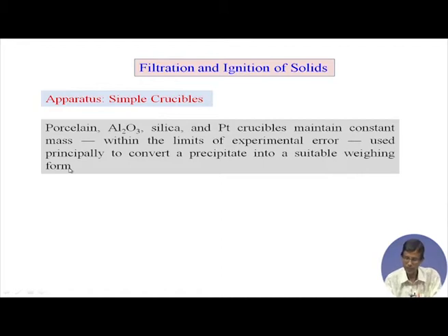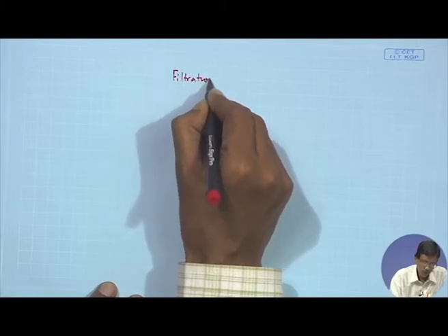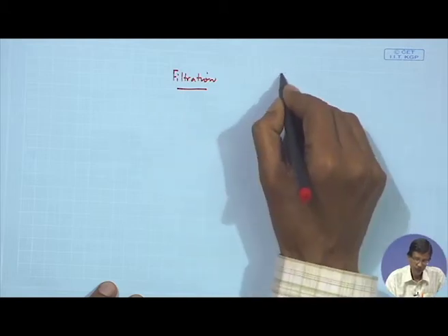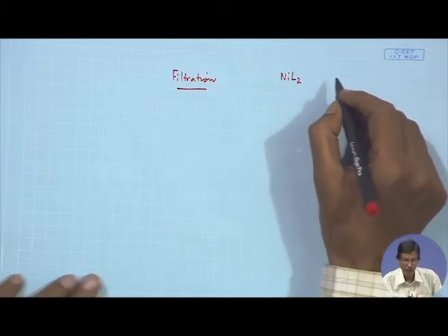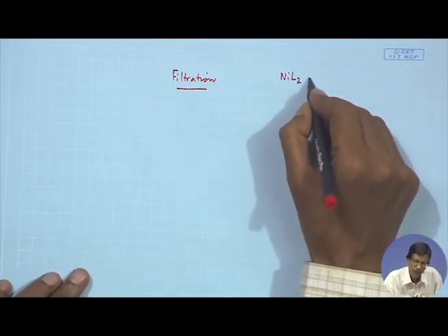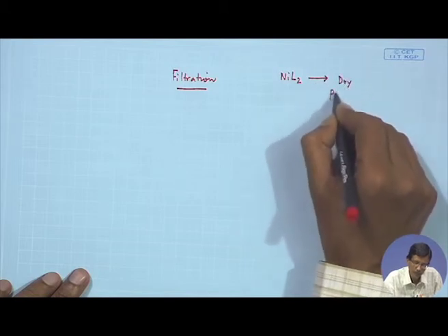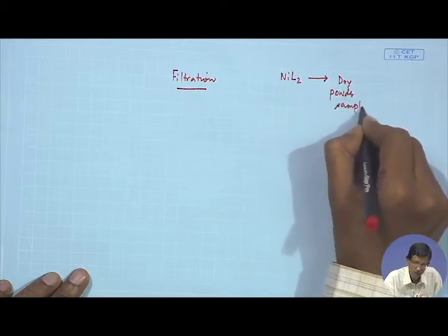So, what does it mean basically, and how is it related to filtration? What we are looking for is that we go for filtration, and as I told you just now, we can have NiL2, the nickel dimethylglyoxime, in our hand, and we want to get a dry powder sample of this.